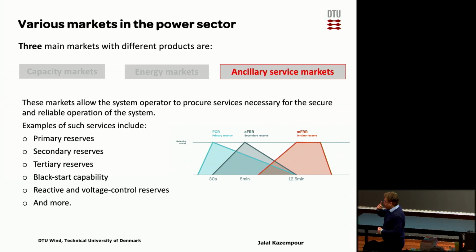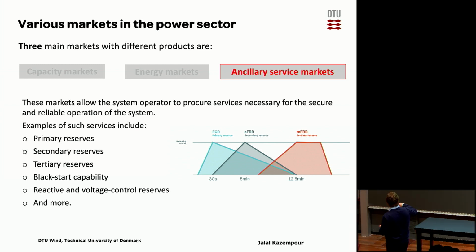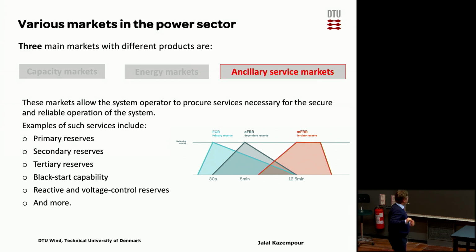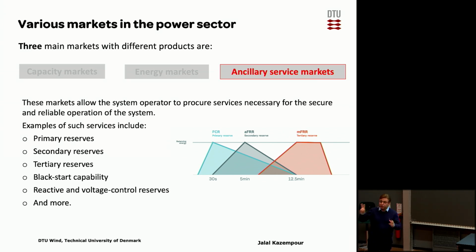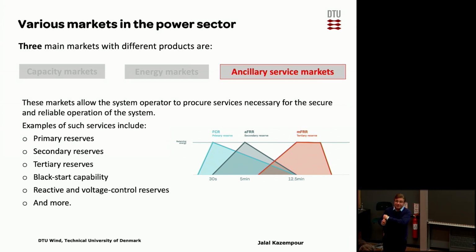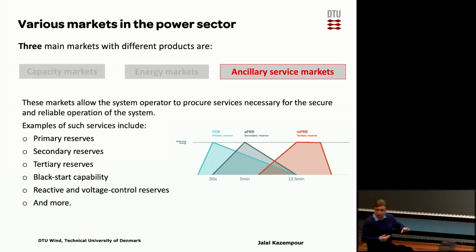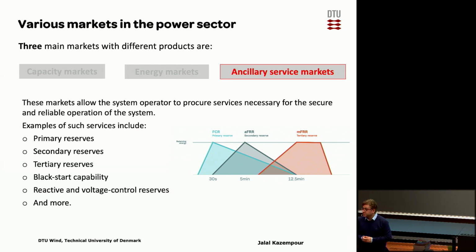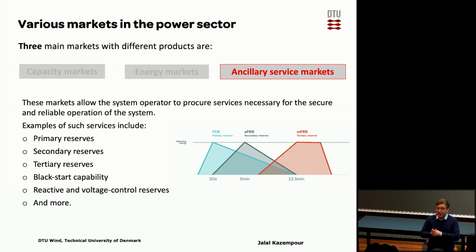So there are different types of services: primary, secondary, tertiary reserves, black start, reactive. Again, there will be 2 lectures where I'll talk only about ancillary service markets. Again, there are many companies, even startups, whose business models are based on ancillary service markets. It's a very important thing. I told you 2 important acronyms, right?